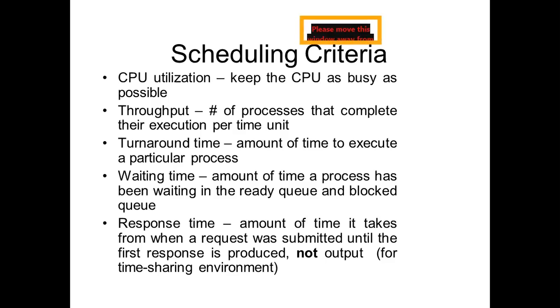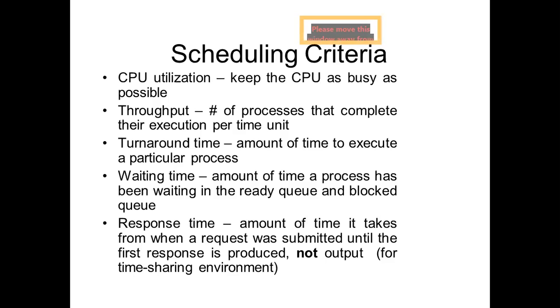We calculate that time, and it is called the turnaround time. Waiting time is the amount of time a process has been waiting in the ready queue. The queue is already ready, with a list of processes numbered serial-wise.